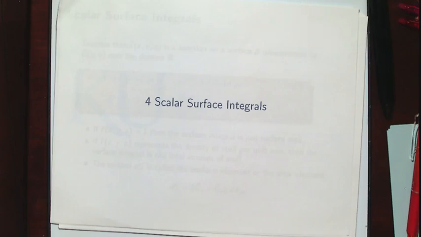C is on the surface of the sphere. Rho is C. So which one is the answer? E? Is that it? 4, 3, 2, 1, 0.